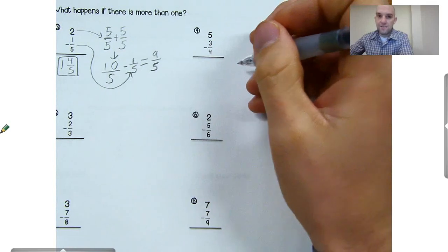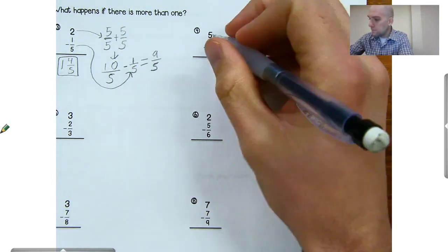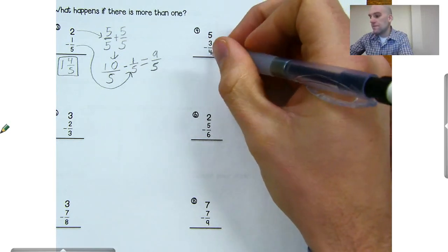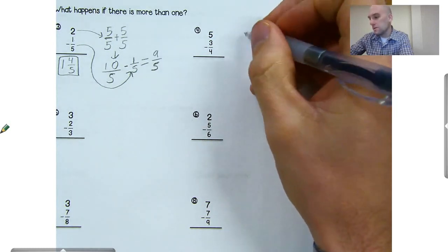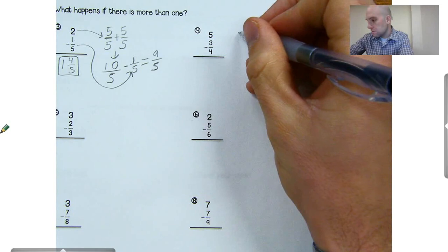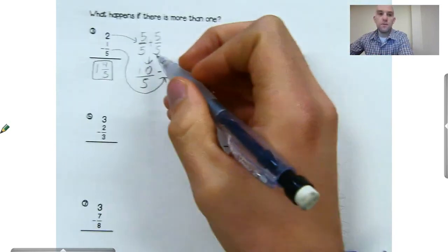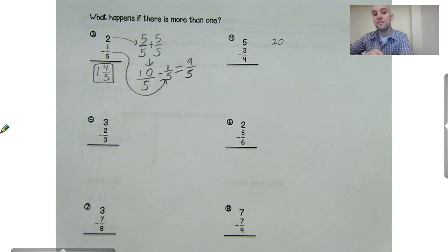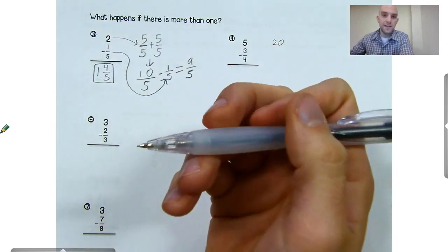What if we have 5, and we want to make 5 into fourths? Well, if we multiply 5 times 4, we get 20. So 20 fourths would be 5. Because look, if we make 2 into fifths, when we do 5/5 plus 5/5, what we're really doing is repeated addition here.